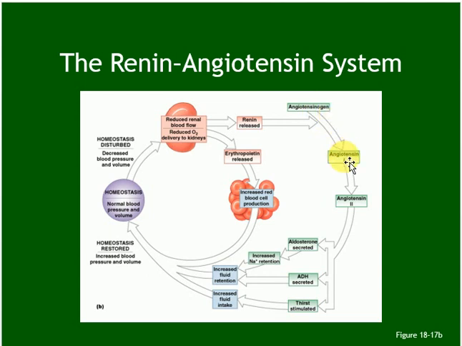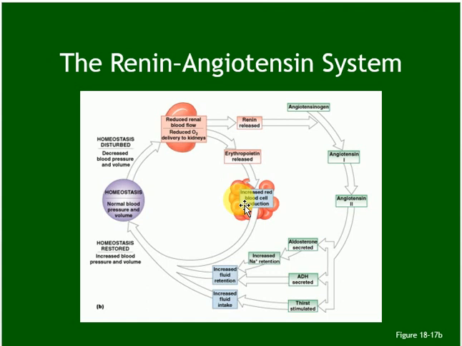So angiotensinogen is not active. When the renin is secreted, angiotensinogen will be activated to angiotensin 1, to angiotensin 2, and angiotensin 2 will work on the blood pressure to increase it back to normal, because the kidney said that the blood pressure goes down. How did the kidney know that the blood pressure goes down?